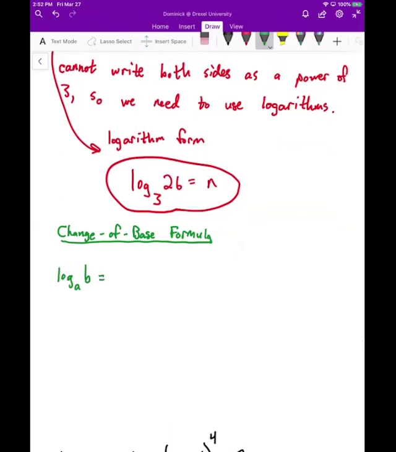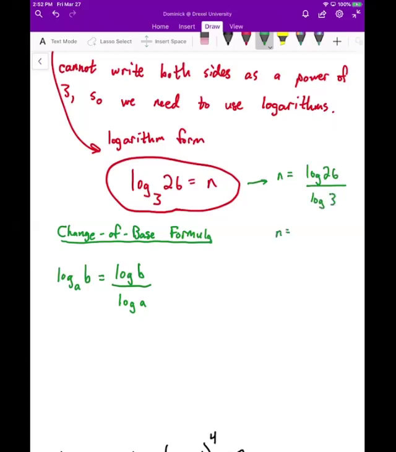And this says that if you have log base a of b, you can write this as a common log of b over a common log of a. Right? So that's what we're going to do here. So to get n, we could say that this is a common log of 26 over a common log of 3.